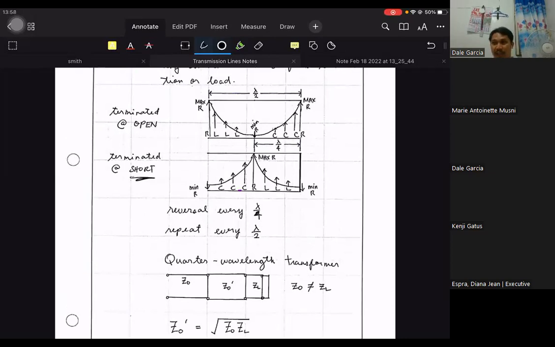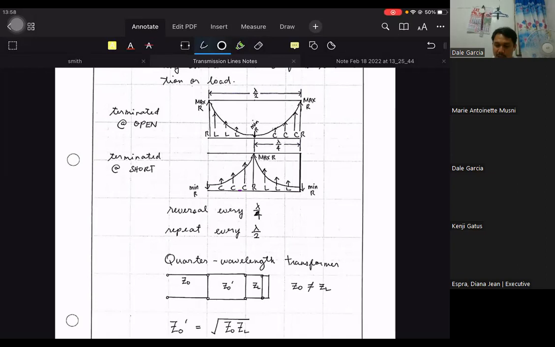The purpose is to match the line and the load, but the matching component might radiate. So that is not an ideal situation, although in theory we can use lines terminated at open or at short. So, focus on those terminated at short again.